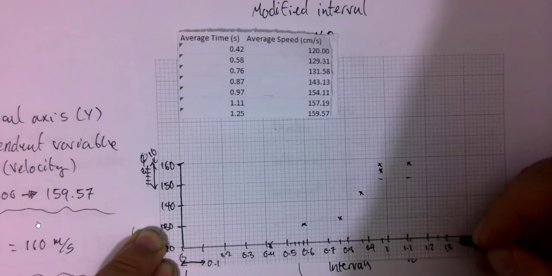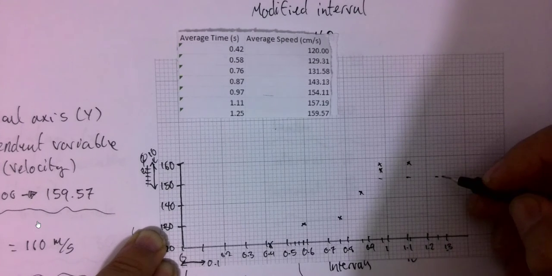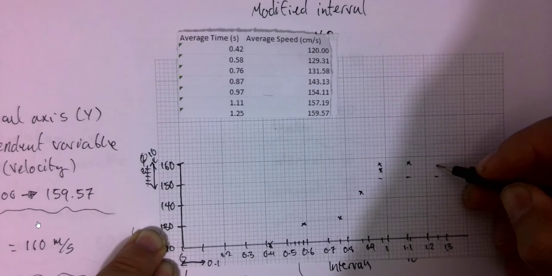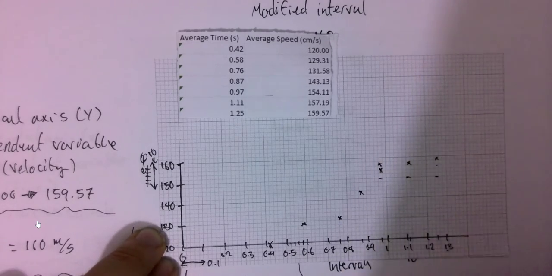So we got 150, 152, 154, 156, 158, and 159. Okay, probably closer to the 160, but that's fine.